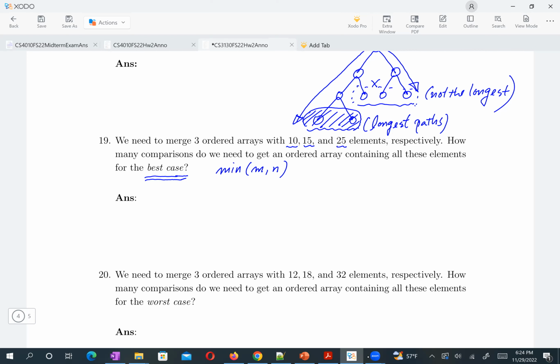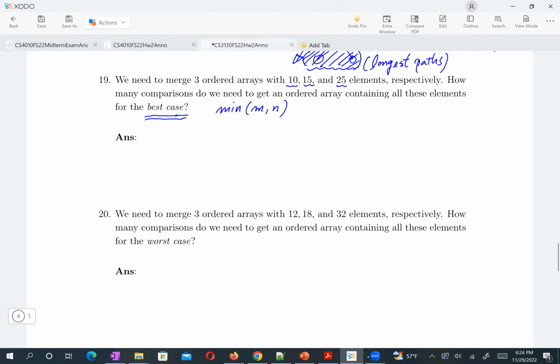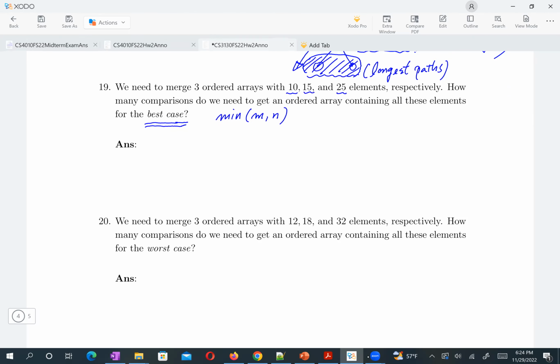And let's put together question 20, another similar question. Similar question, size is different, but for the worst case. This time when you do merge, you need to use m plus n minus 1, this formula. So for these two questions, the main formula for each merge step is different.